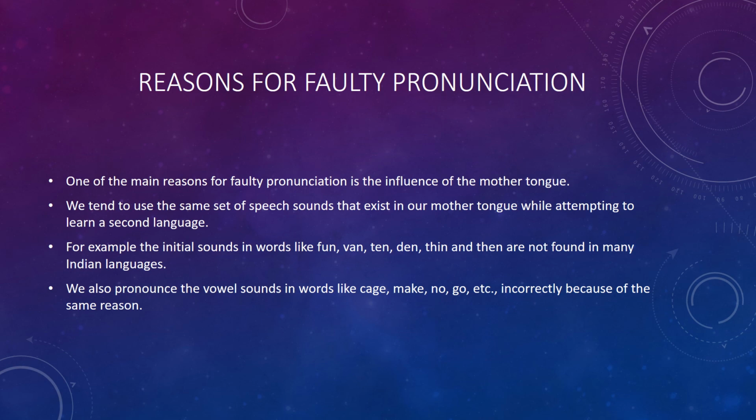These sounds are not found in many Indian languages, which is why it becomes difficult for us to articulate or produce these speech sounds which exist in English. We also pronounce the vowel sounds in words like cage, make, know, go, etc. incorrectly because of the same reason.